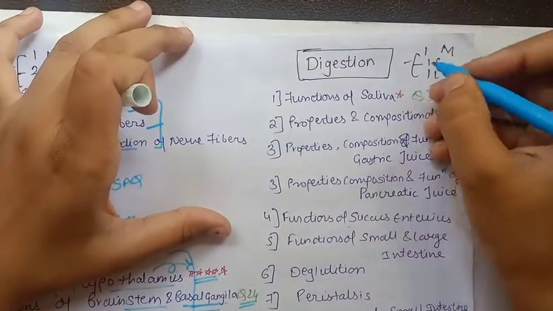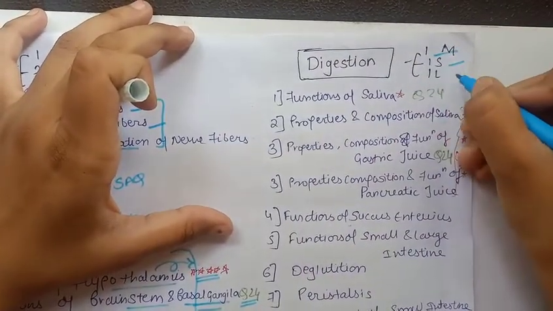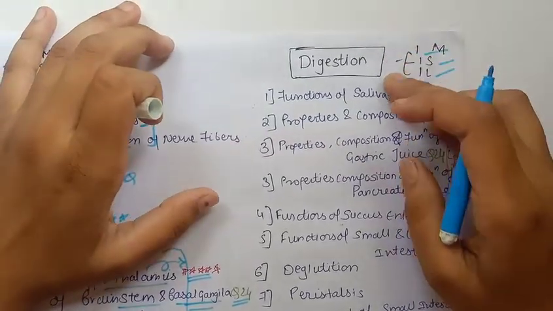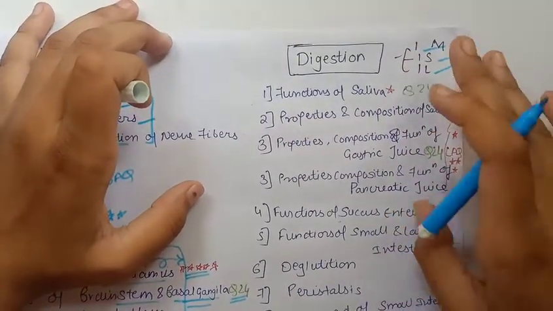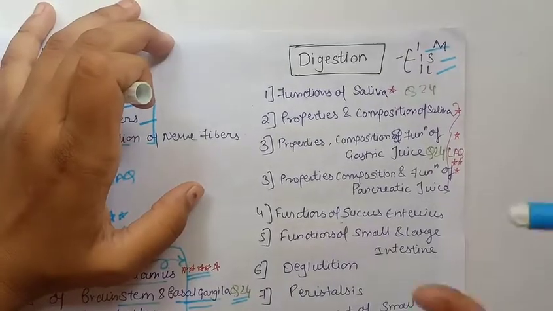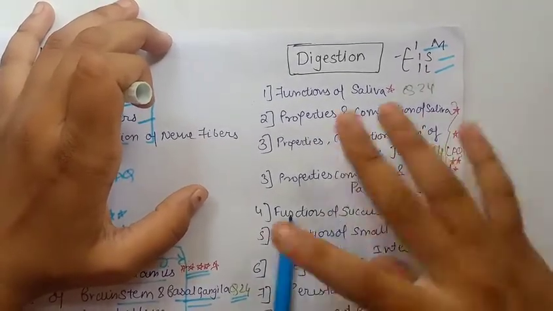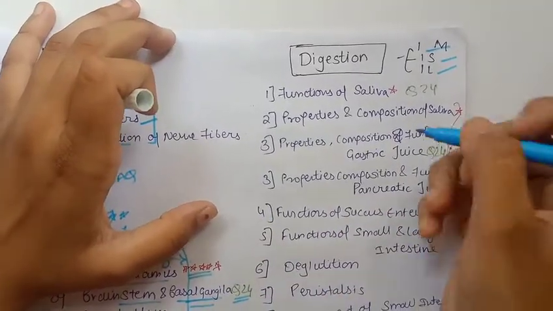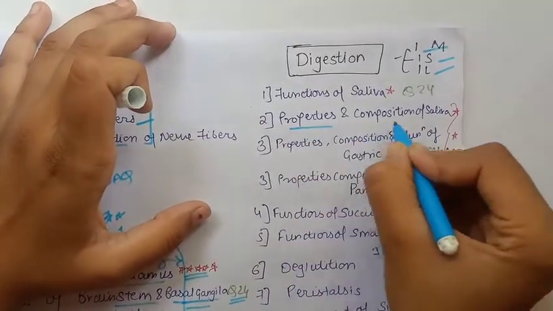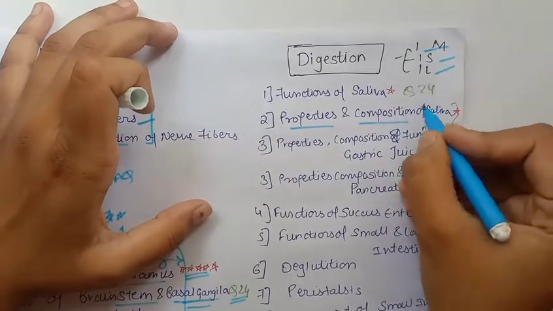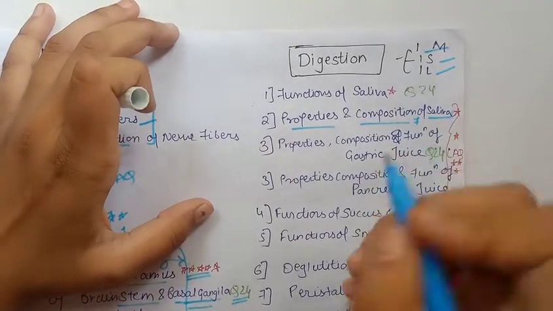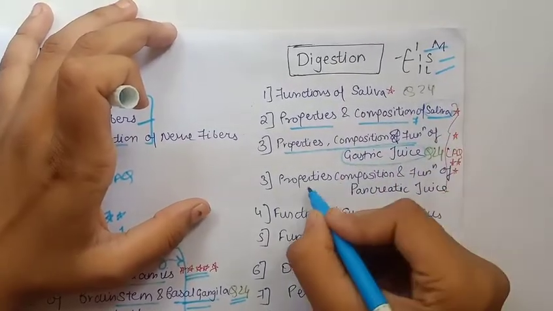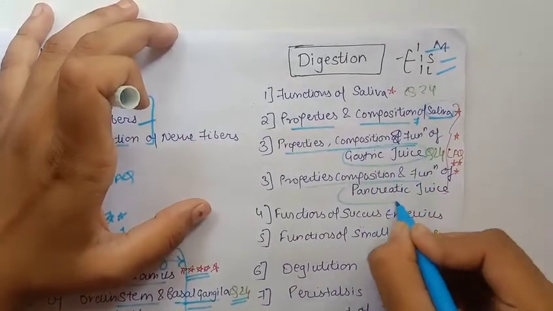From digestion and absorption, one MCQ, one SAQ, and one LAQ will be present. From digestion, one LAQ will definitely, 100%, be present from these three topics. Let me tell you which are those. They can ask properties, composition, and function of saliva, or properties, composition, and function of gastric juice, or properties, function, and composition of pancreatic juice.